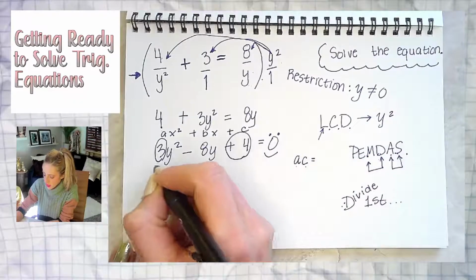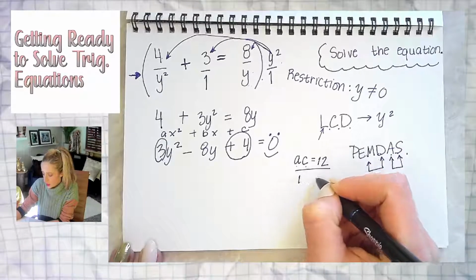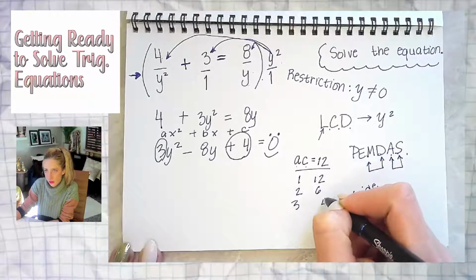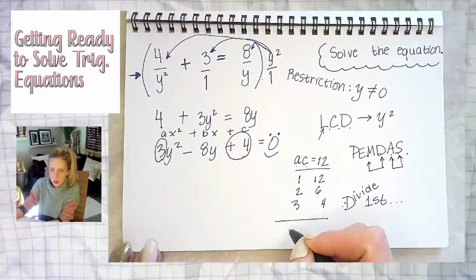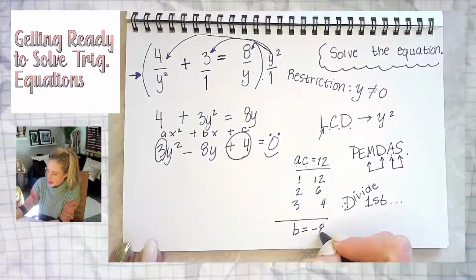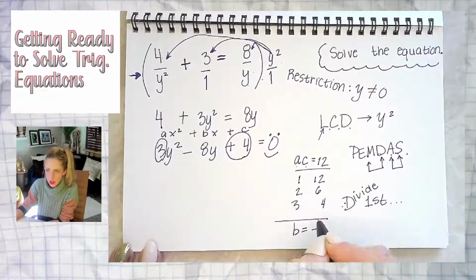A times C, 3 times 4 is 12. I make my list of factors: 1 and 12, 2 and 6, 3 and 4. B is the sum of a pair from the list, and B has to equal -8. So Gisbel, do you know what to do next, or do you have a question?